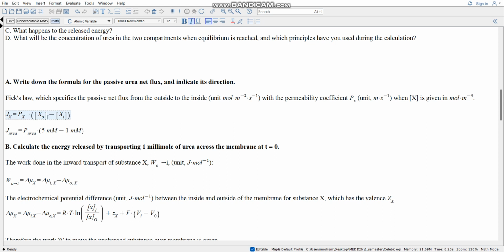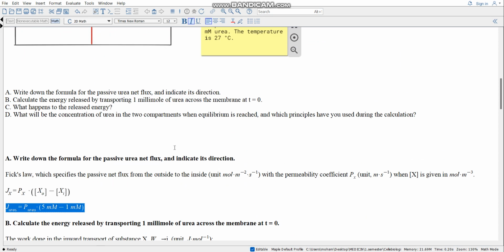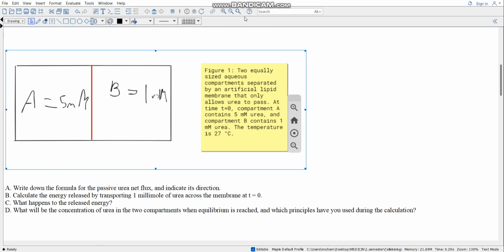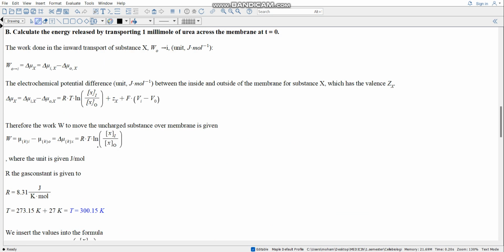And then we have x0, which represents the concentration of the substance outside the membrane, and this is the concentration of the substance inside the membrane. Since we're talking about urea, x is urea, and this is the equation given. And if you want to indicate its direction, it goes from A to B, right? To put it lightly.